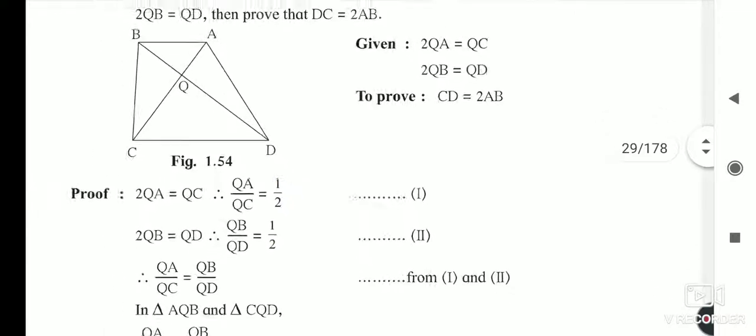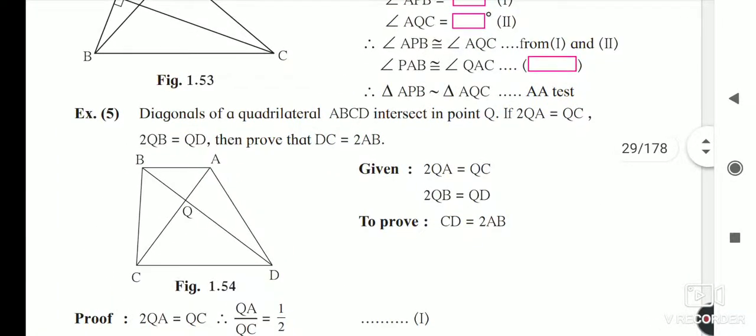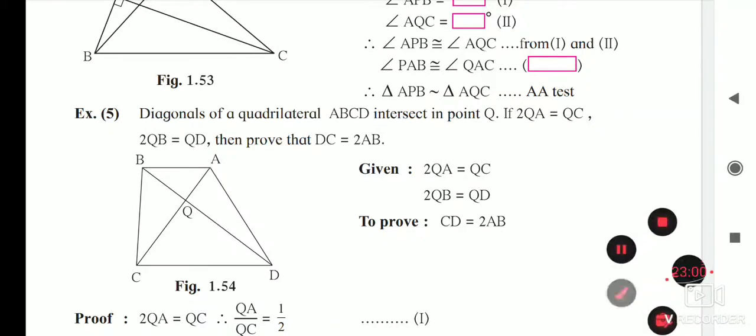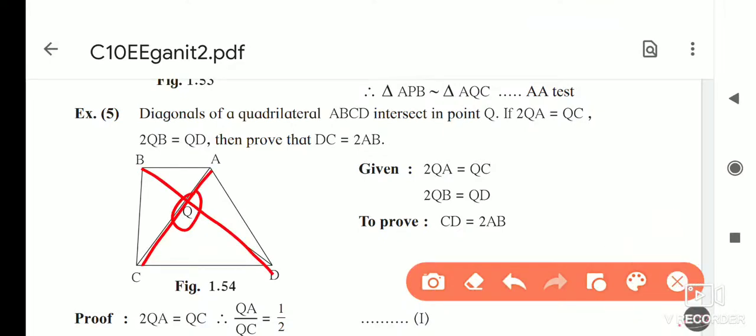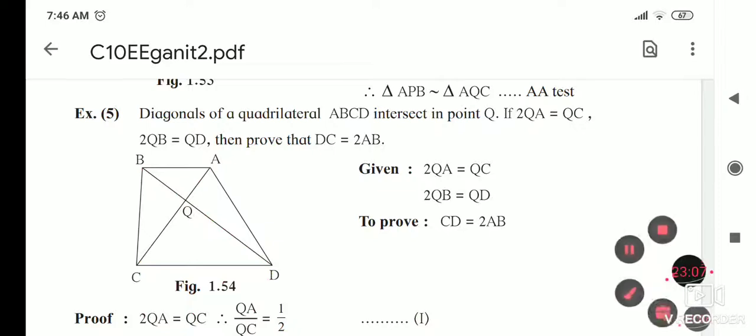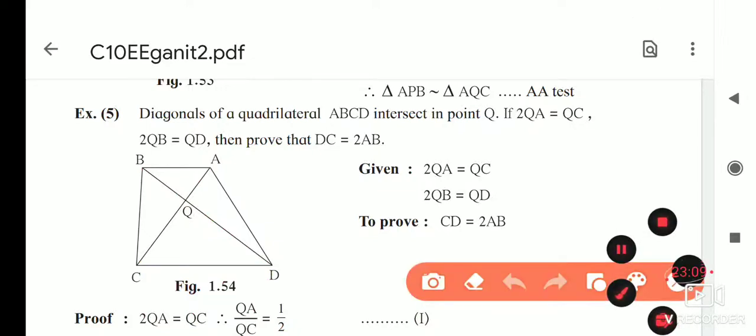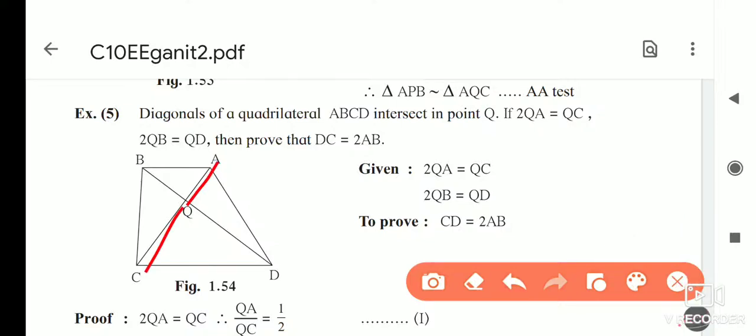And at last, the fifth question: diagonals of quadrilateral ABCD intersect at point Q. If 2QA is equal to QC, means QC is double QA, and 2QB is equal to QD, means QD is double QB, we have to show that CD is equal to 2AB.